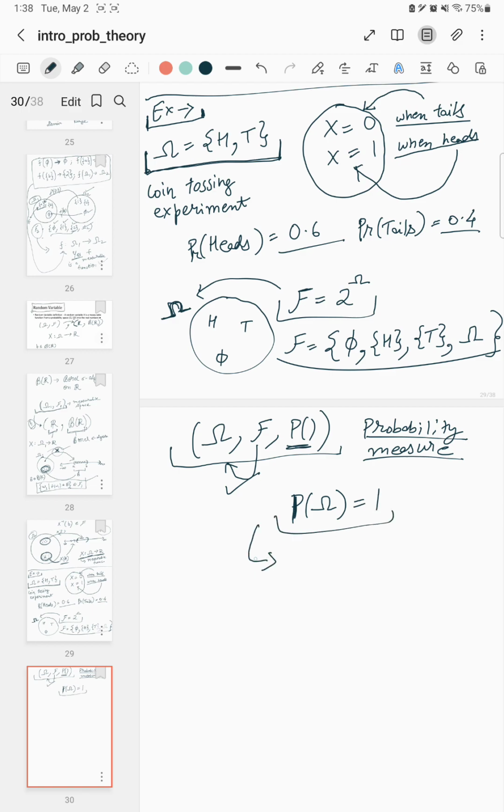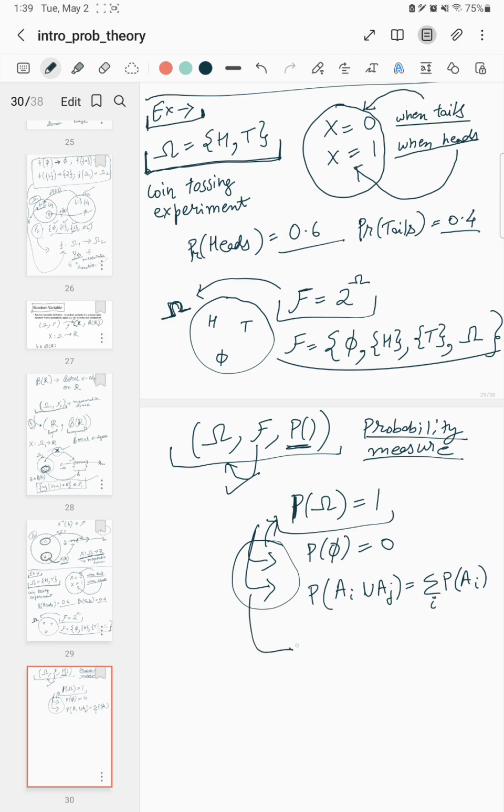The rest of the conditions of a measure would also be followed by the probability measure, which are that the measure of phi would be 0, and the measure of a countable union of disjoint sets would be the summation of the measures of the individual disjoint sets.